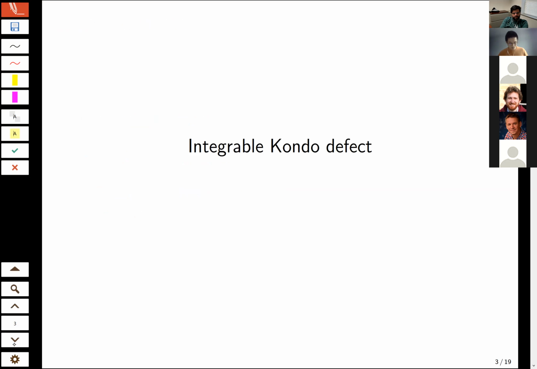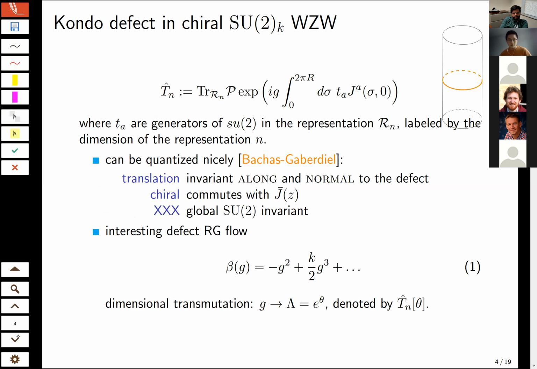All right, so Kondo defect. How do I define the Kondo defect? Let me give you the example of the chiral SU(2) level k WZW model, although the generalization to other rational CFTs should be straightforward. It's very similar to what you do with Wilson lines in gauge theory.